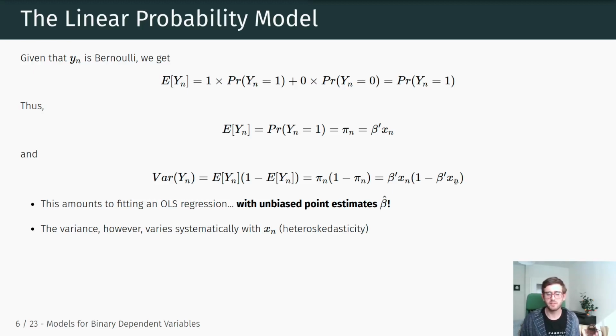And one of those assumptions that doesn't hold anymore by design is the constant error variance assumption. Okay, so by virtue of having just two different outcomes, 0 or 1, if you estimate a linear model, then that model cannot have constant error variance, right? So you always have heteroscedasticity.